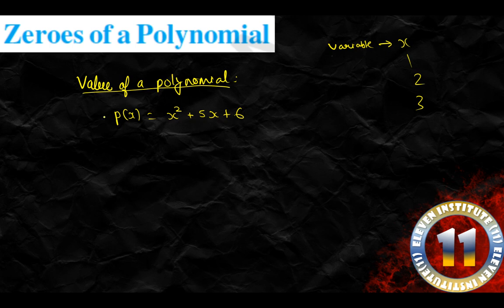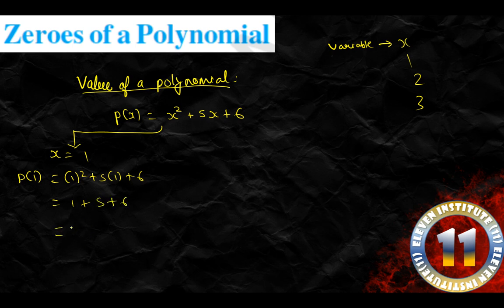So let us put different values of x over here. Let me put x is equal to 1. So instead of P(x) I will now get P(1). Just instead of x I will write 1 over here. So this is 1 square plus 5 into 1 plus 6. 1 square is 1, 5 ones are 5, and plus 6.